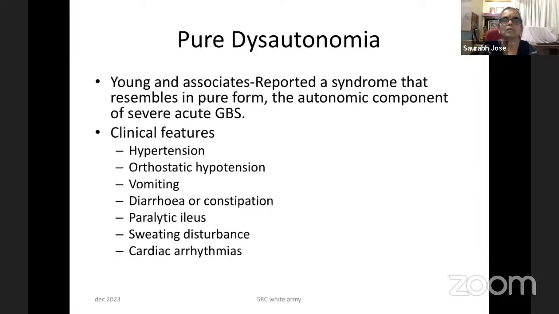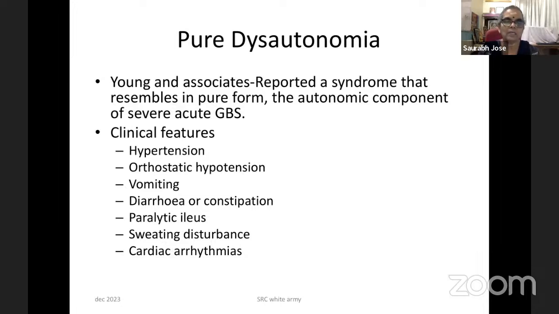And then dysautonomia. As I said, some of them can present with features suggestive of acute organophosphorus poisoning. Other features are acute hypertension, orthostatic hypotension, incessant vomiting, diarrhea, constipation, paralytic ileus, sweating disturbance, and cardiac arrhythmias. Most of the symptoms are confined to other systems, so they can be easily missed.